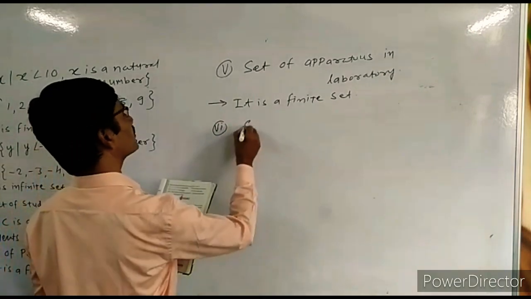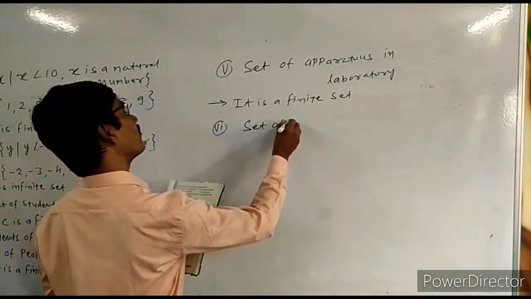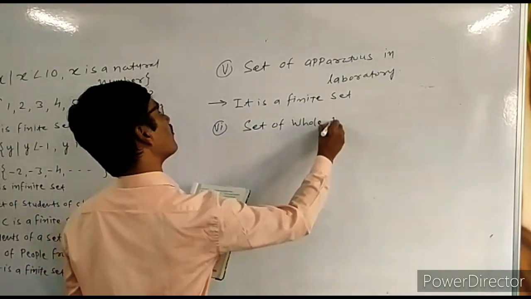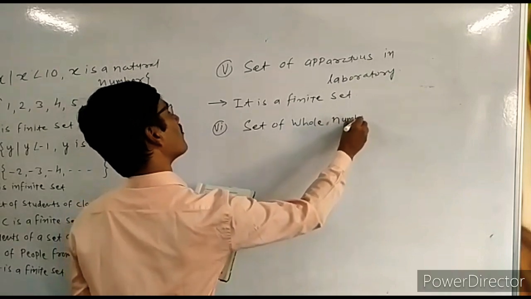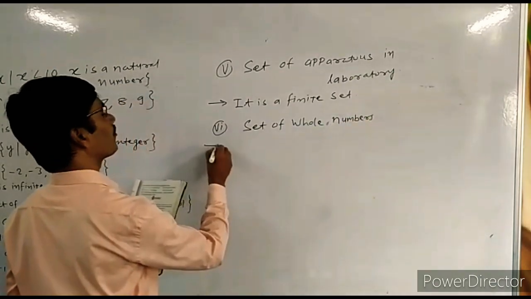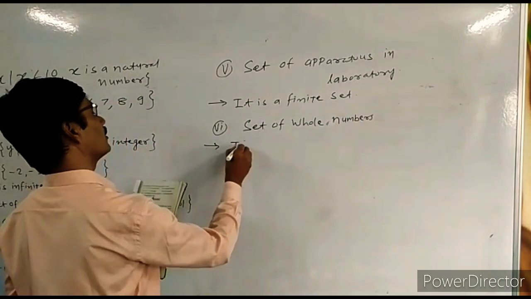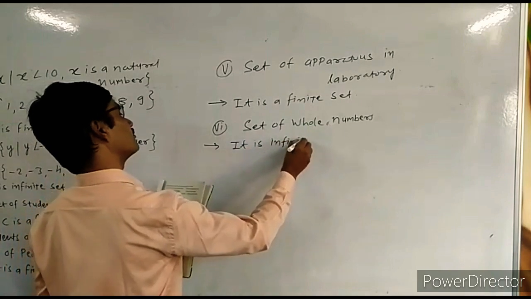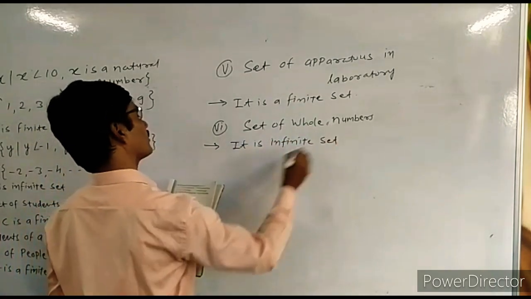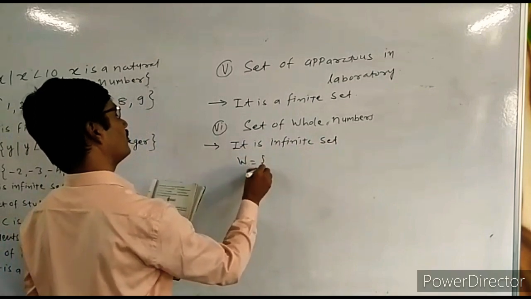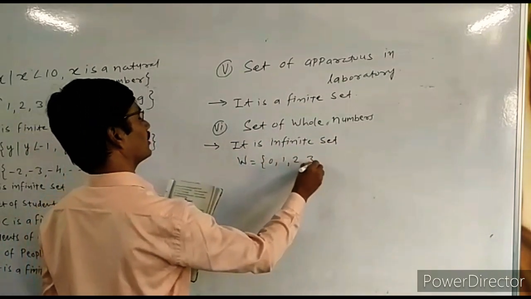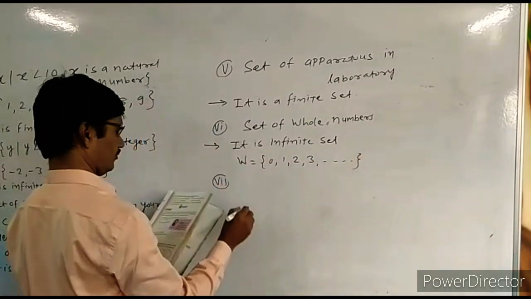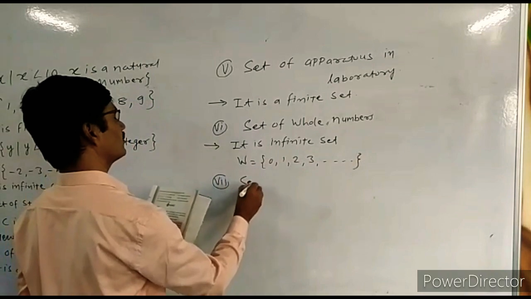Set of phone numbers. It is infinite set because W equal to 0, 1, 2, 3, and so on. Next, set of rational numbers.